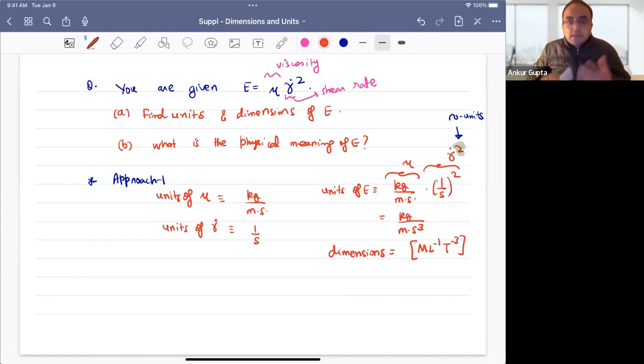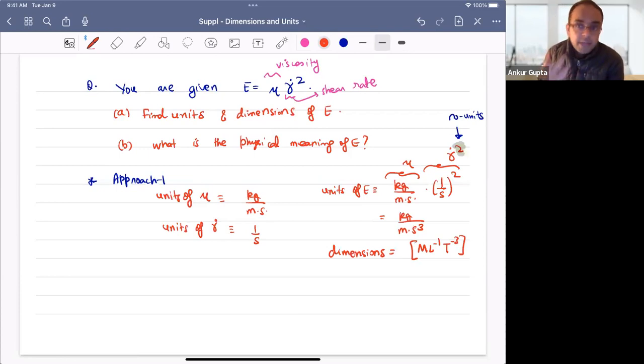It's simple, but obviously it needs some information. And that information is that you have to remember the units of mu or viscosity. You may or may not remember them, and so there are ways you can make your life a little easier. So just to give you some idea, let's go about this problem from a second approach, which is a little bit more physical approach.